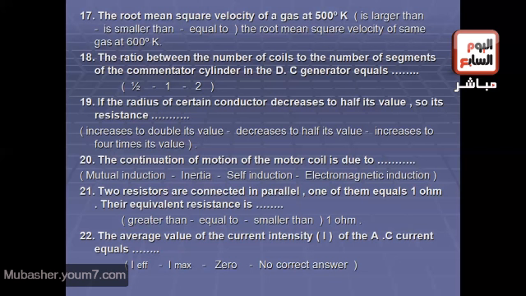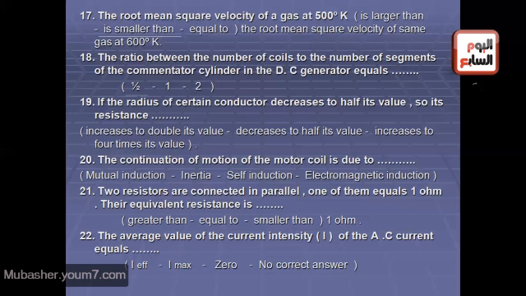So the answer will be, yes, very good, smaller than. Another sentence. The ratio between the number of coils to the number of segments of the commutator cylinder in the DC generator equals, yes, the number of coils must be less than the number of segments. By what? Yes, by half.